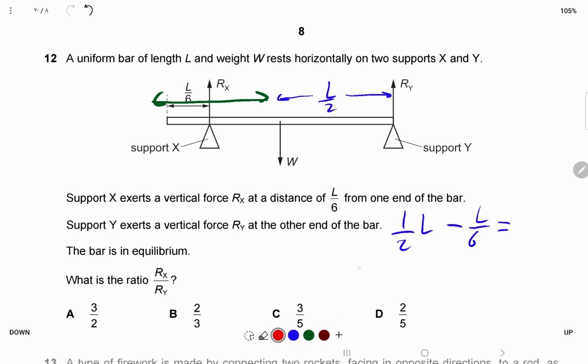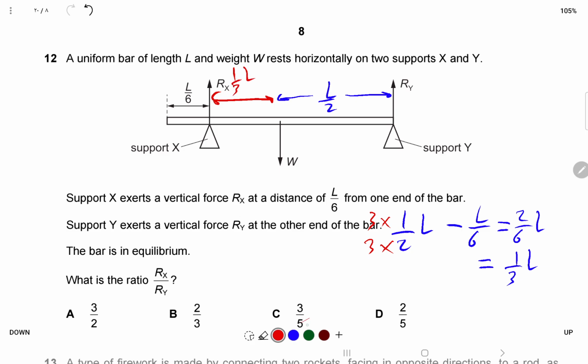After having the same denominator, times 3 here and here, 3 minus 1, you get 2 over 6 L, and that is 1 over 3 L. This means that this distance here is 1 over 3 L.